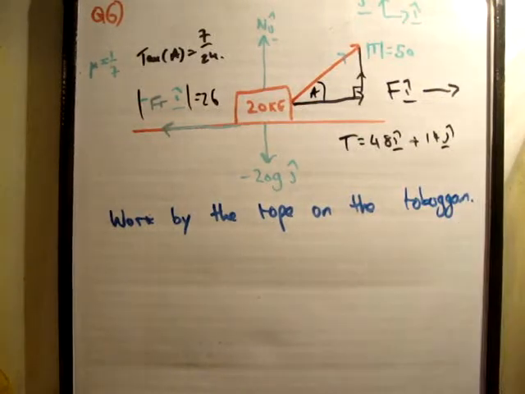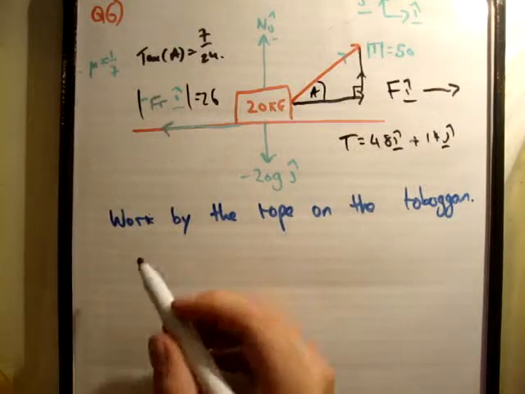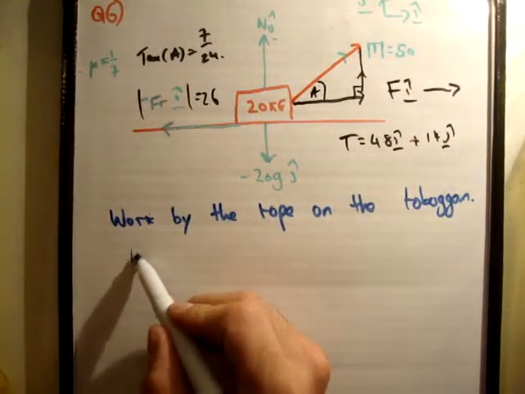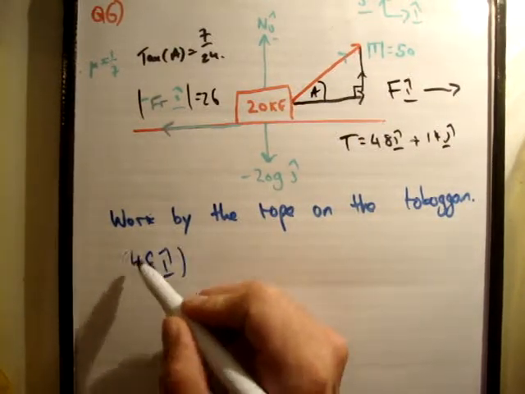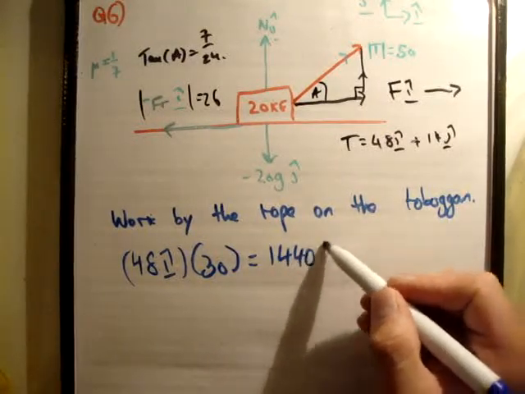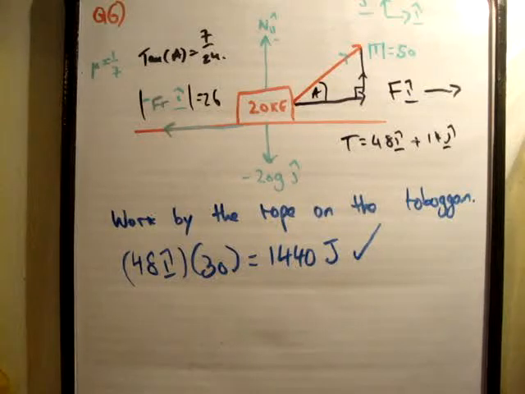Alright, what I worked out was the total work done by the net force, but we're not asked the work done by the net force. The work done by the tension on the toboggan is 48 units in the i hat direction times 30 meters, giving 1440 joules, which is correct. So I see my error there, okay, and I hope that makes sense to you.